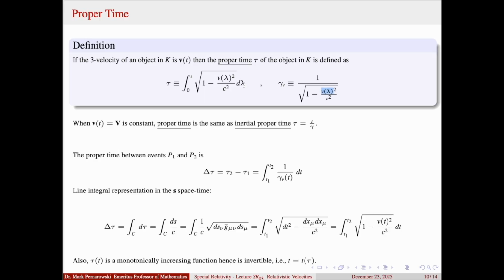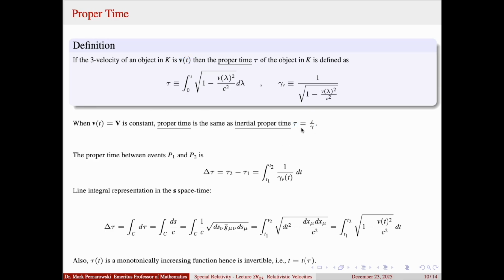So what's the big deal about this? Well, it's a generalization of the inertial proper time, because if the thing you were observing in k had a constant velocity v, the whole thing collapses down to the previous inertial time.